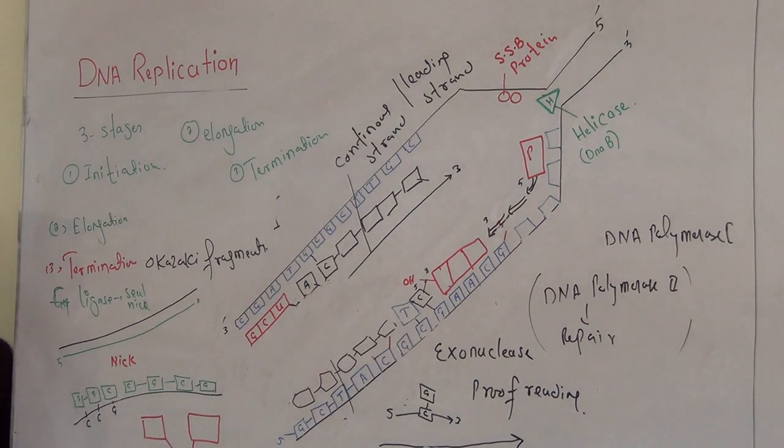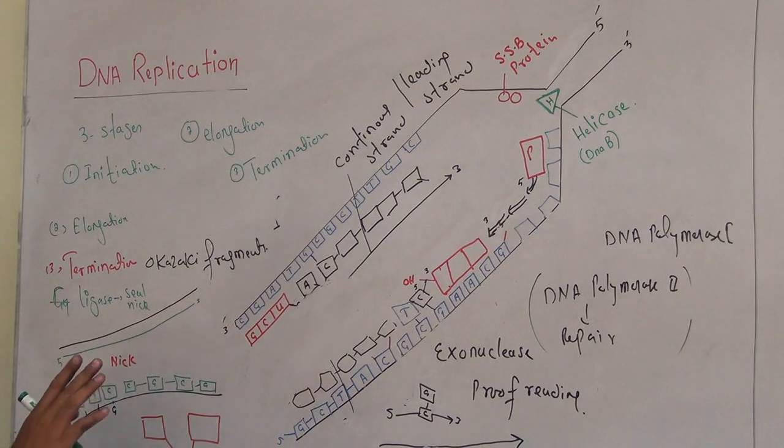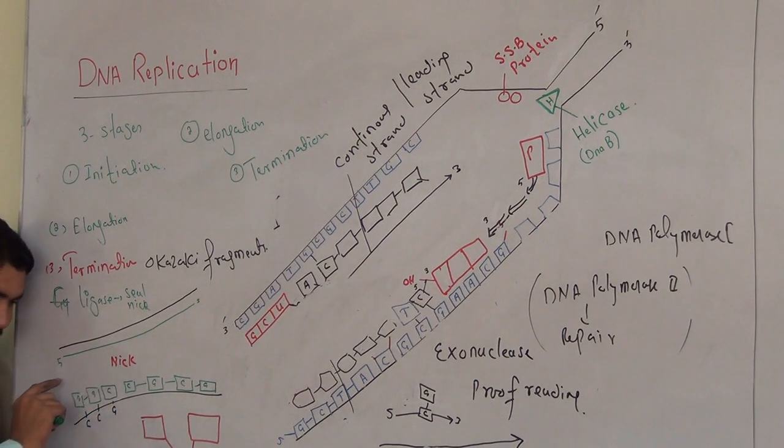Now what is left? We got each and everything. Proofreading was there. And one thing more, that the DNA polymerase 1 has 2 functions, as I have already mentioned. Number 1, it has the ability to synthesize a new chain in place of the primer. This is called the polymerization function of the DNA polymerase 1.